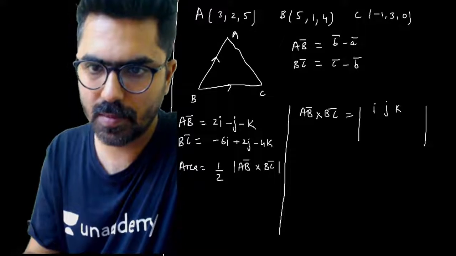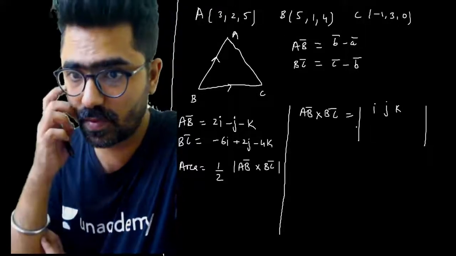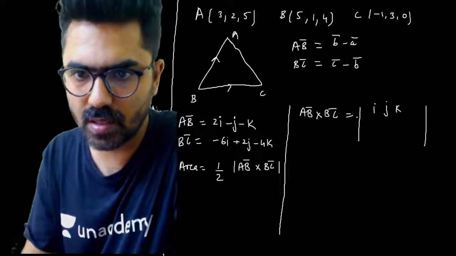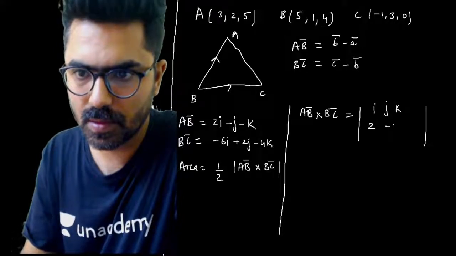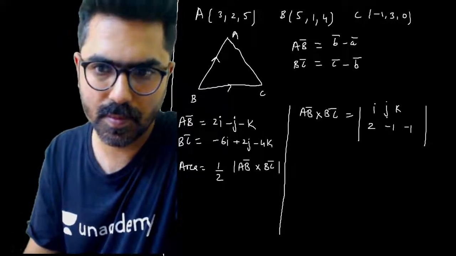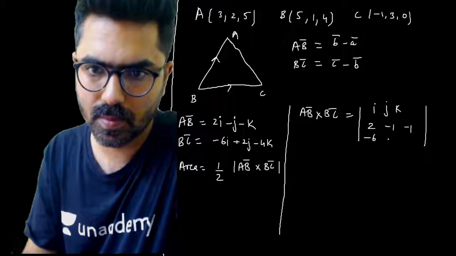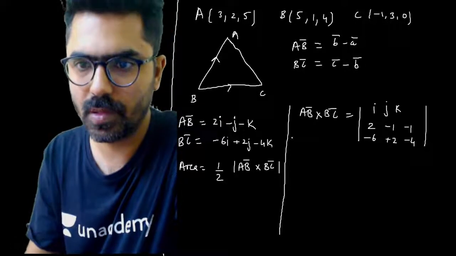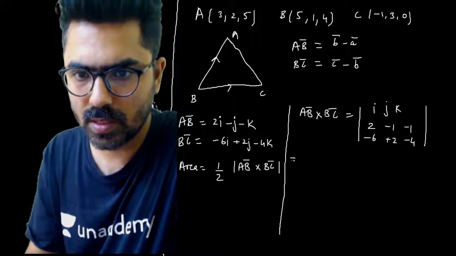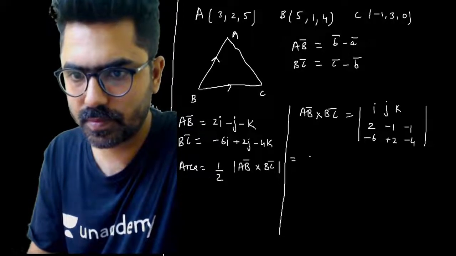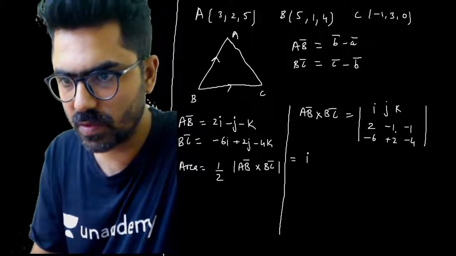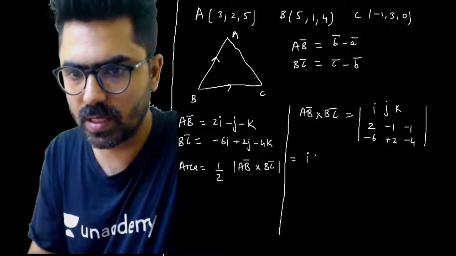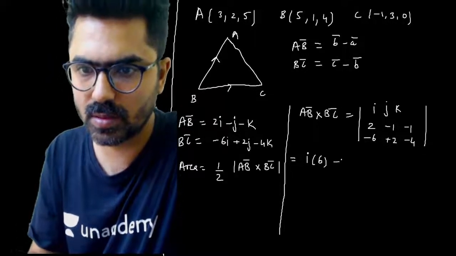i, j, k. Here in the second row we'll write the components of AB. Let's write this now. This is -1 into 4, 4 minus minus 2, which is 6.